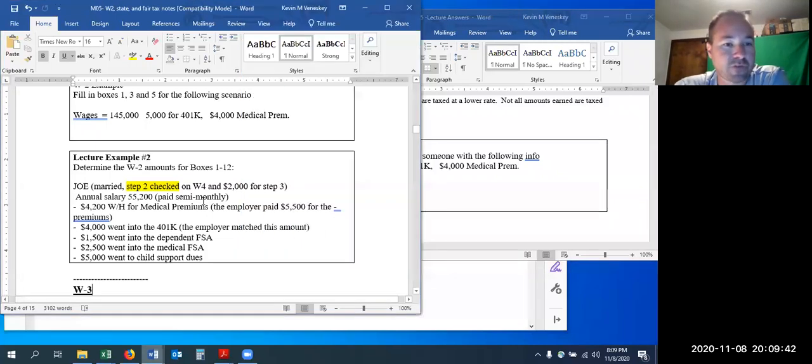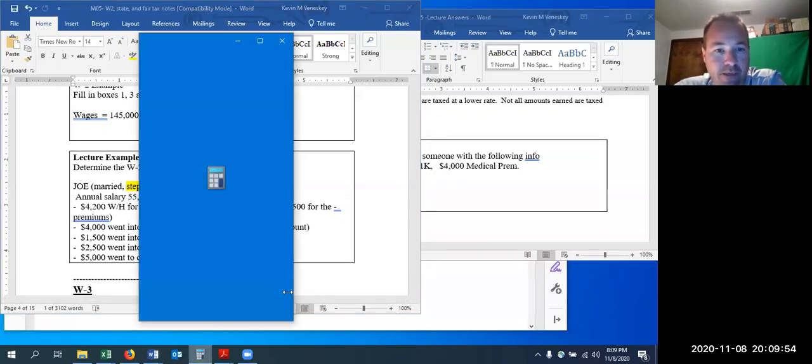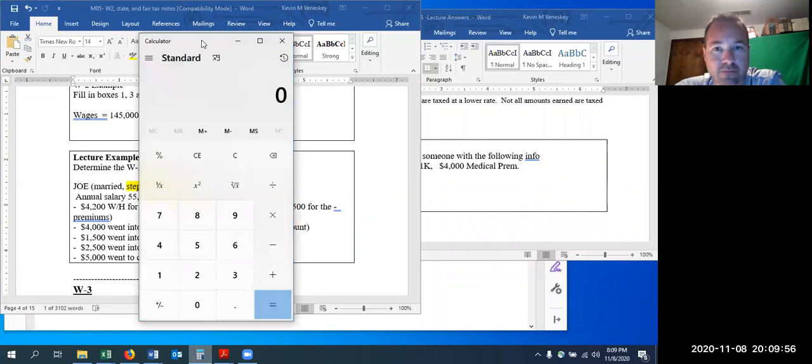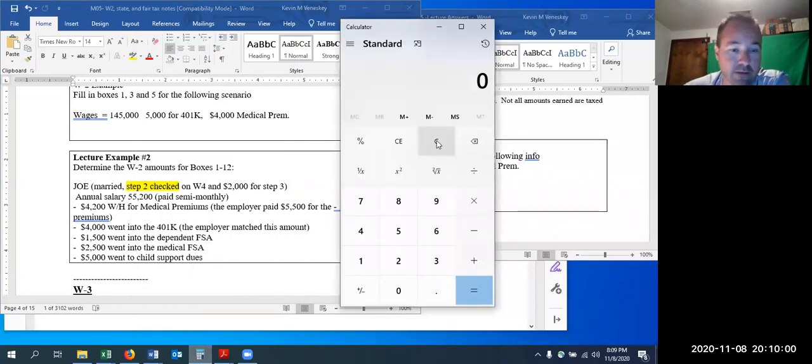All right, so looking at lecture example number 2, box 1, we're going to start off with annual salary of $55,200. So I'm going to pull up a calculator and work through this just to double check the answers that I have because it could have an error. Let's check them. 55,200. Medical premiums, yep, we take that out.